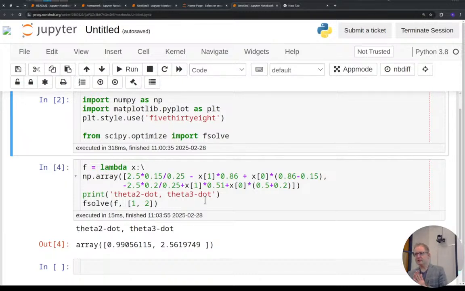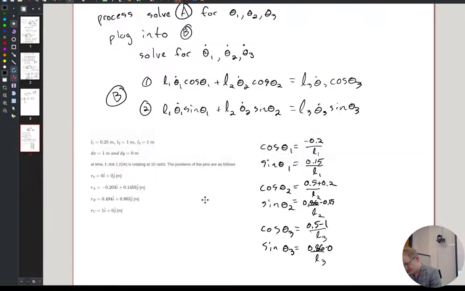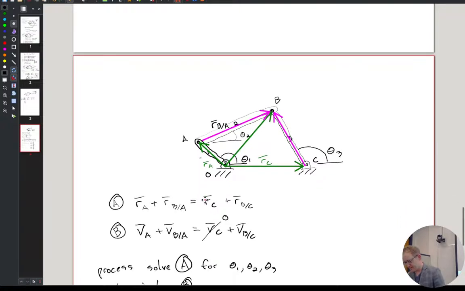What does that mean for what this thing is doing? When we look at this device, this 4-bar linkage, what's happening to link 2? Is it moving this way, down, or is it moving up?